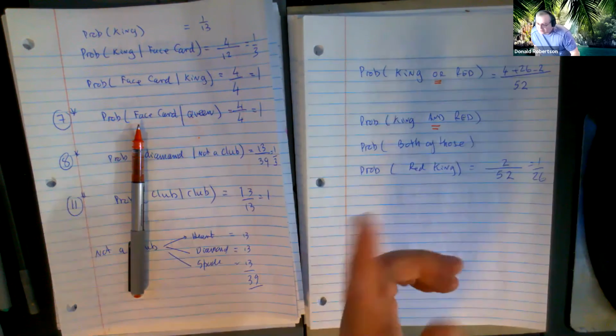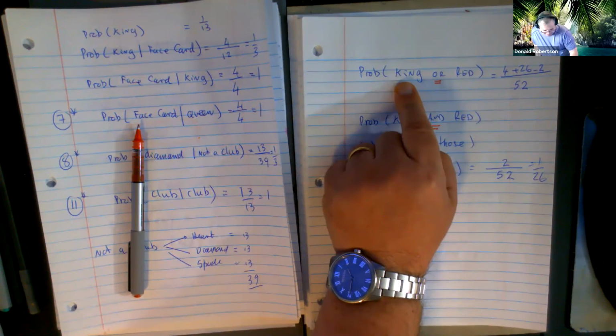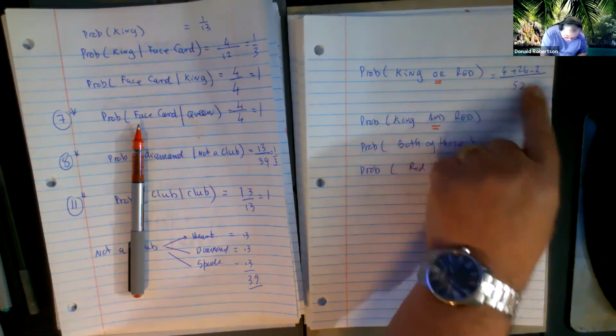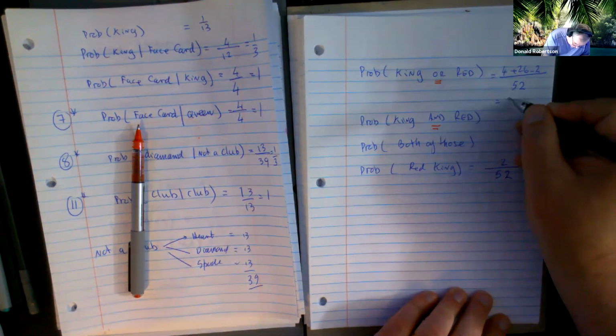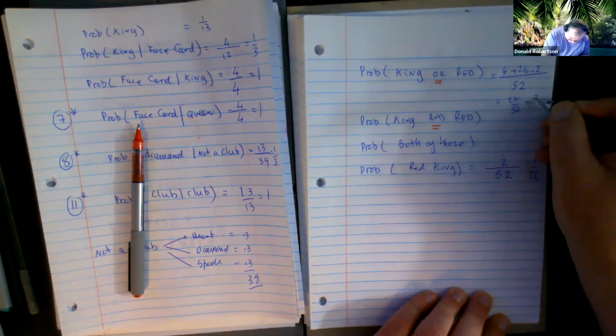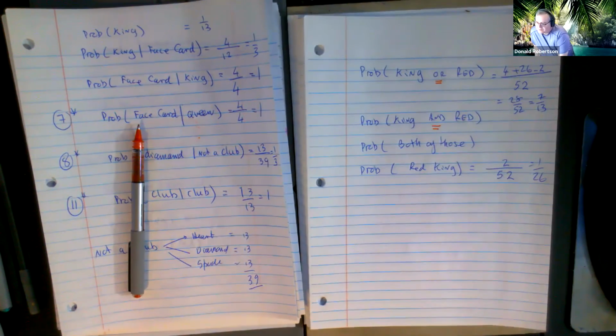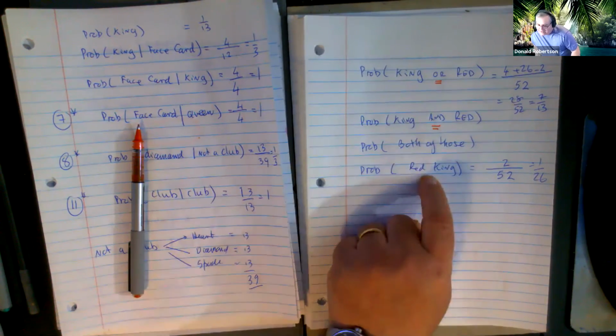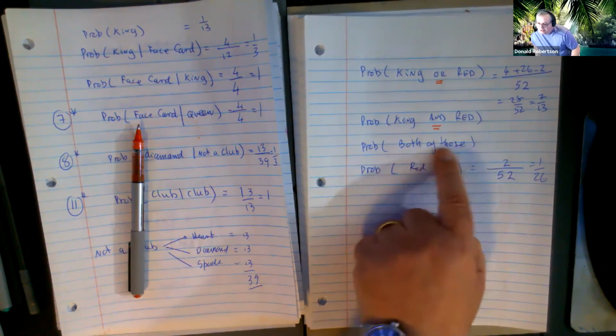Or you can say 4 kings and the 24 red cards that are left that are not kings. The net effect is that when you do that particular question, you get 28/52, which simplifies down to 7/13. So that is an and/or difference. And is basically both things happening.